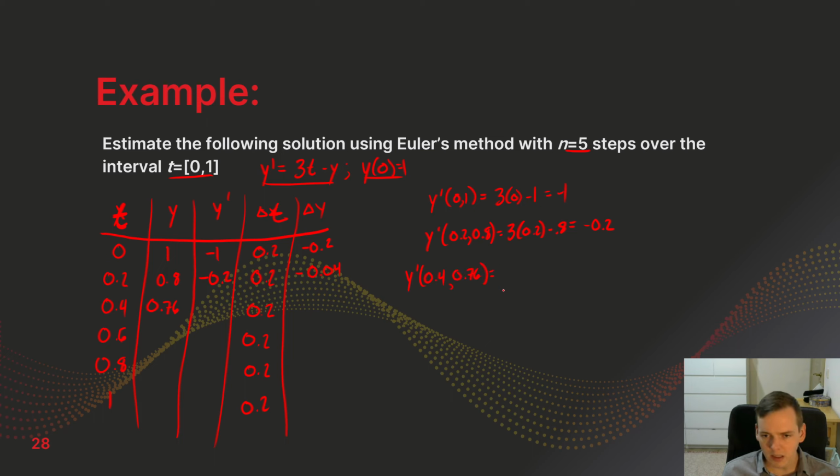So y prime of 0.4 comma 0.76 is equal to 3 times 0.4 minus 0.76. And 3 times 0.4 will be 1.2. Yep, 1.2.